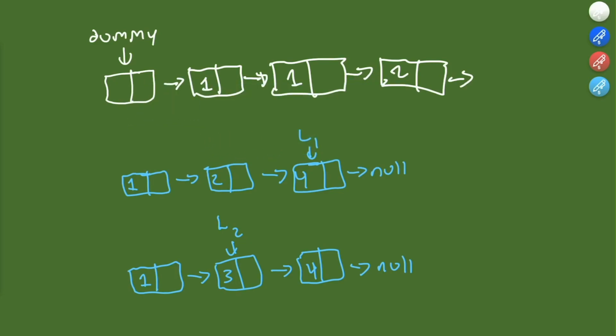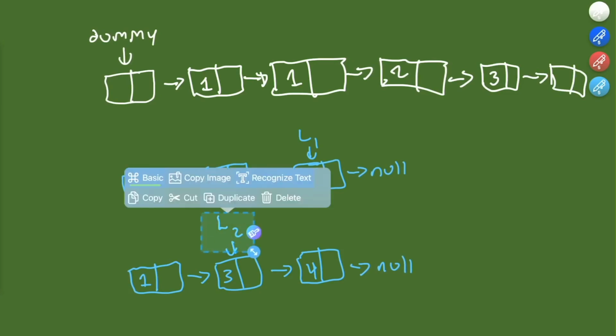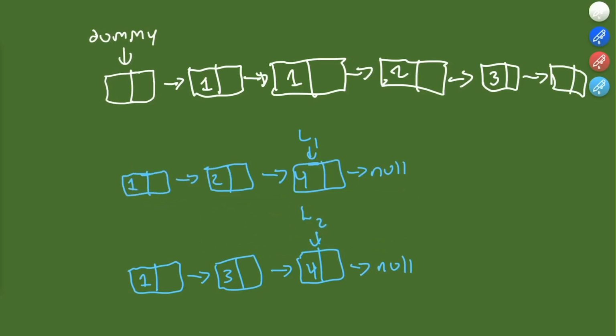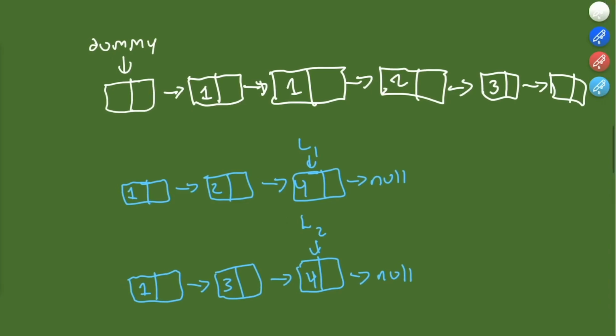Then we compare 3 and 4, 3 is smaller, so we move the pointer to list 2. Okay, and then we check again. In this case, they're the same, so we'll put list 2's value, and then we've hit a null.